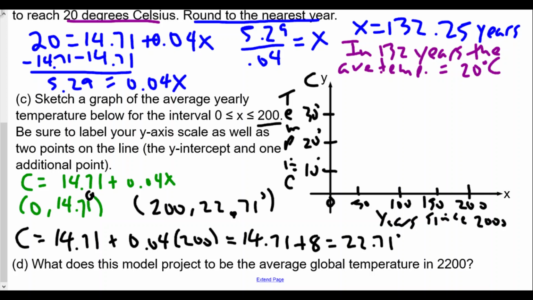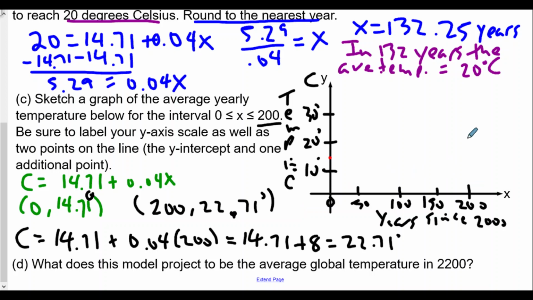Okay. And so we begin with our first temperature here. And so I'll make this red. And so we'll draw us at 14.71 is somewhere over here. It's almost 15. Okay, so that's our first point. And then our second point will be, in this case, at 200, 22.71.